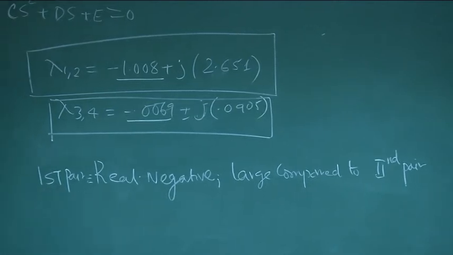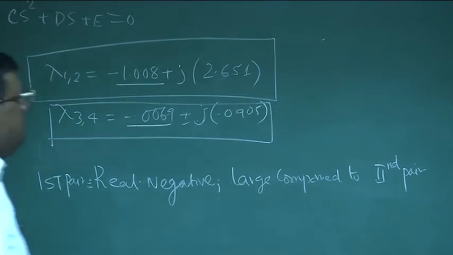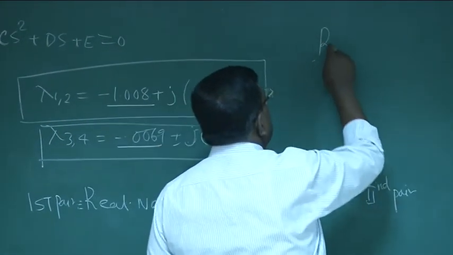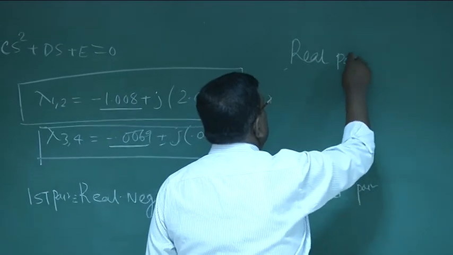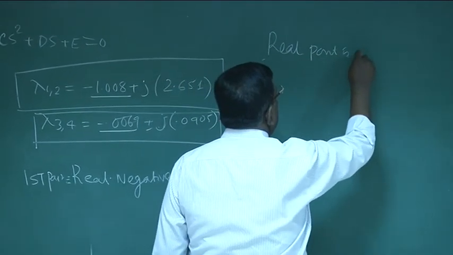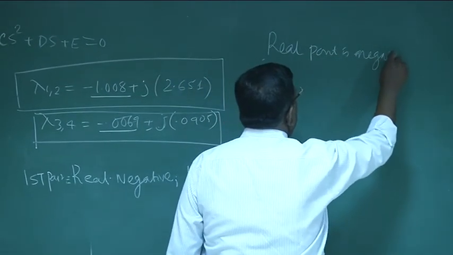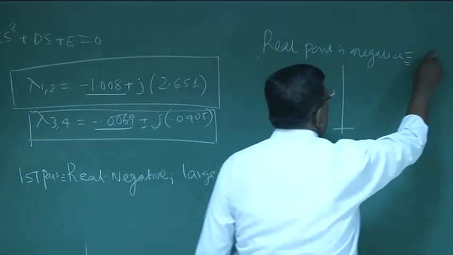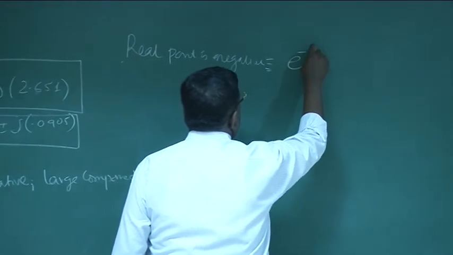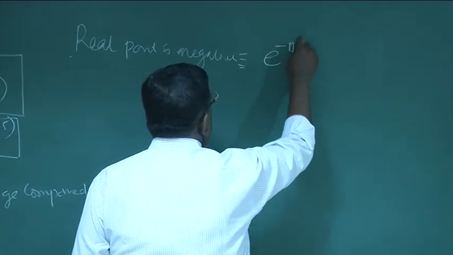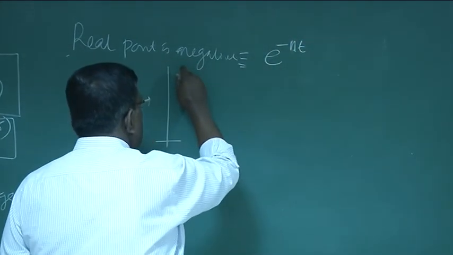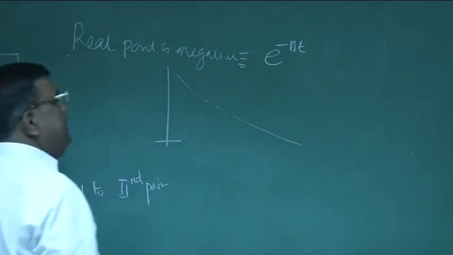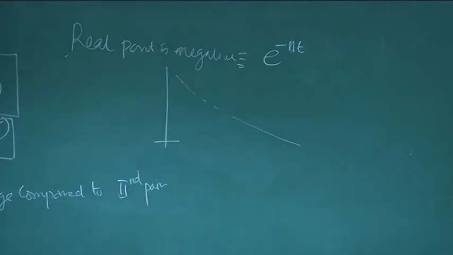What does the real part of this root do? You know that if its real part is negative, it will typically form e to the power minus nt, right? It will put an envelope of decay.